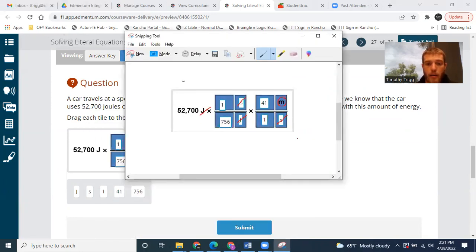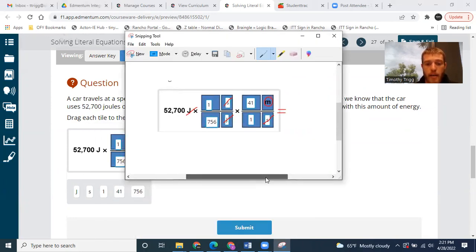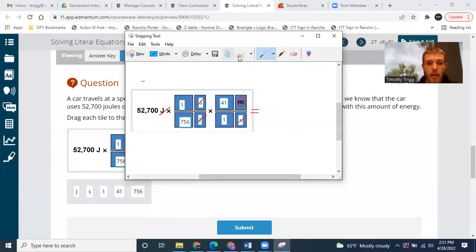So again, to calculate this, you multiply top times top times top over bottom times bottom times bottom. So you can think of this as over 1. So 52,700 times 1 times 41. 52,700 times 41 is 2,160,700.